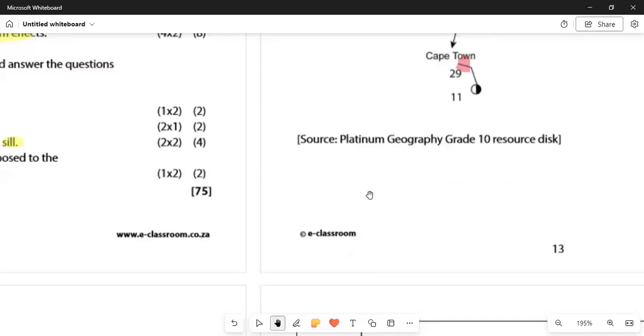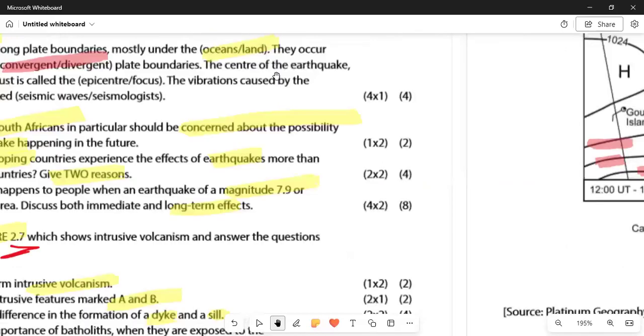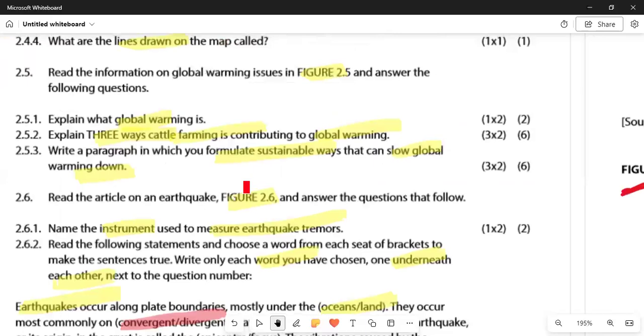Okay. And then if we are moving on again, we can see that we have some other questions from the content there. According to this question, I would move to this content. It says in 2.5.2, explain 3 ways cattle farming is contributing to global warming. We want to know why cattle is contributing to global warming.